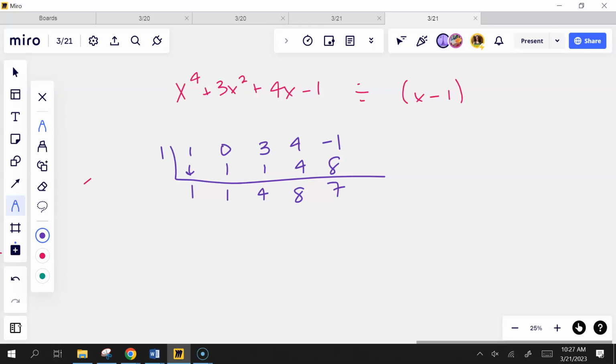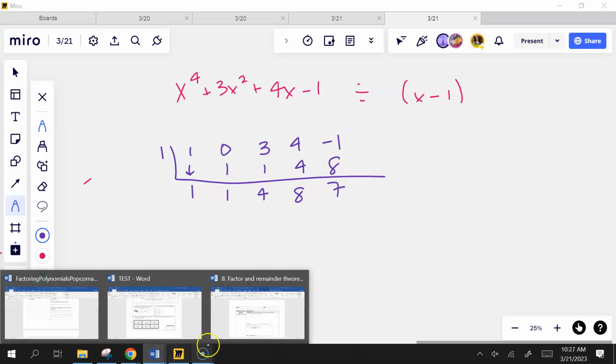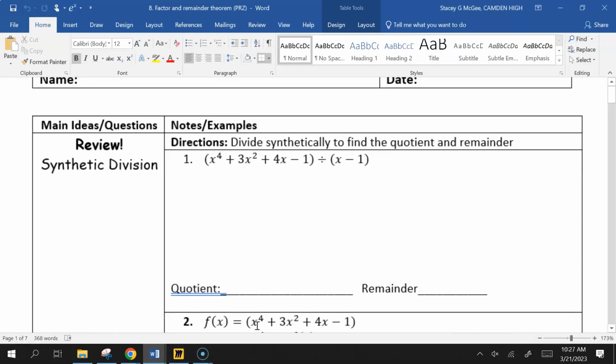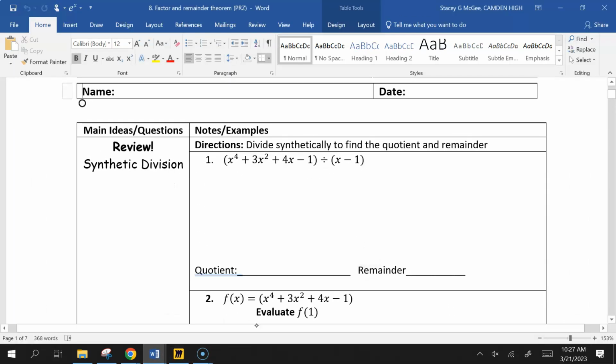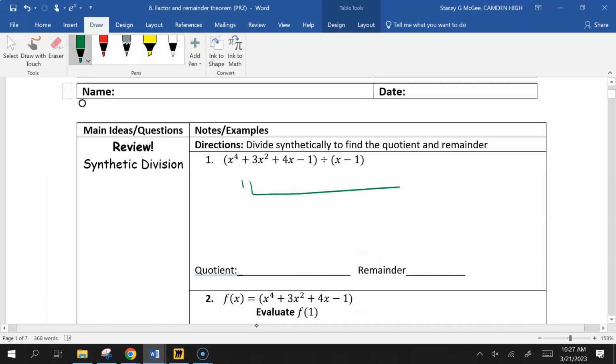All right. So what is the quotient here? What does quotient mean? The answer that you got. That's exactly right. Quotient is the answer you got. Don't forget your placeholder here. 1, 1, 1, 1, 4, 4, 8, 8, 7.